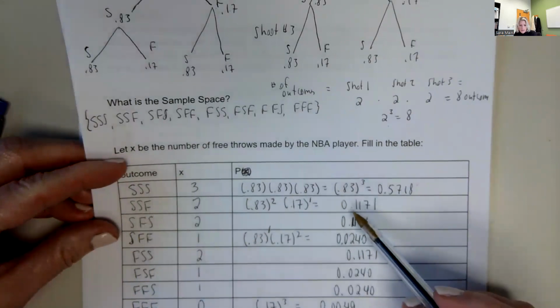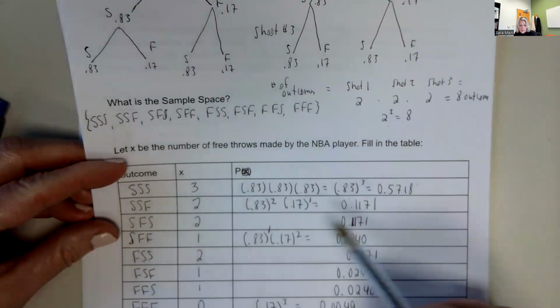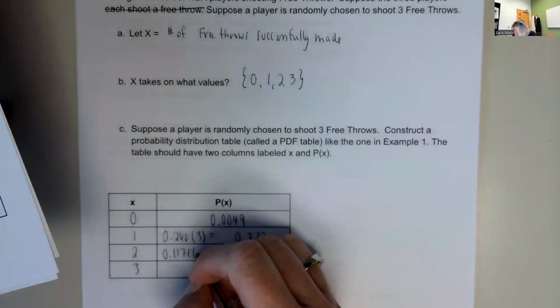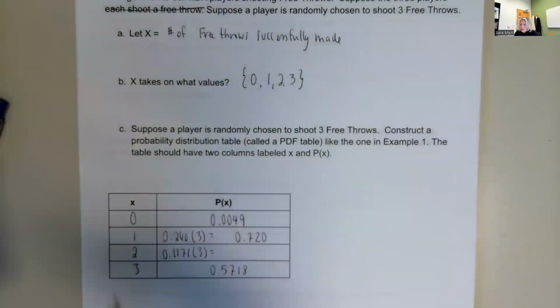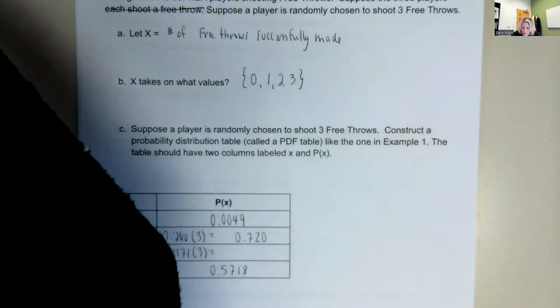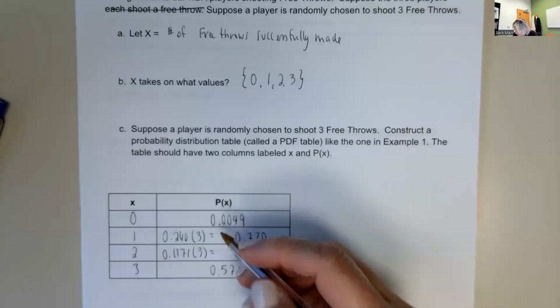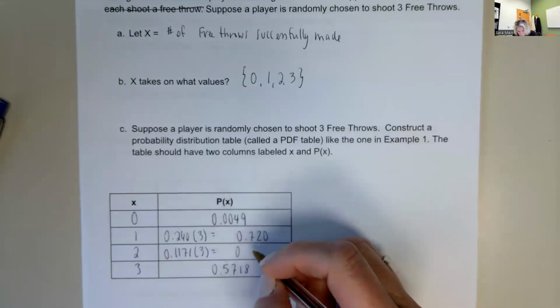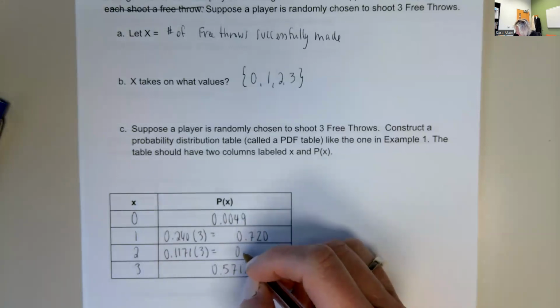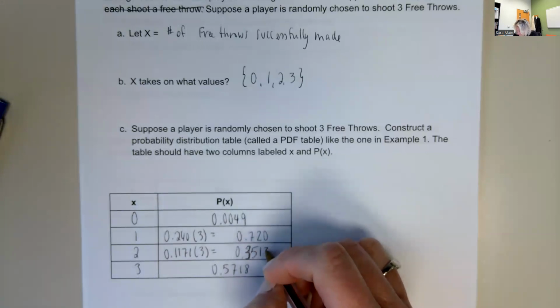And so we have to multiply the individual probability of 0.1171 multiplied by 3. And so when we do that, we get 0.3513.